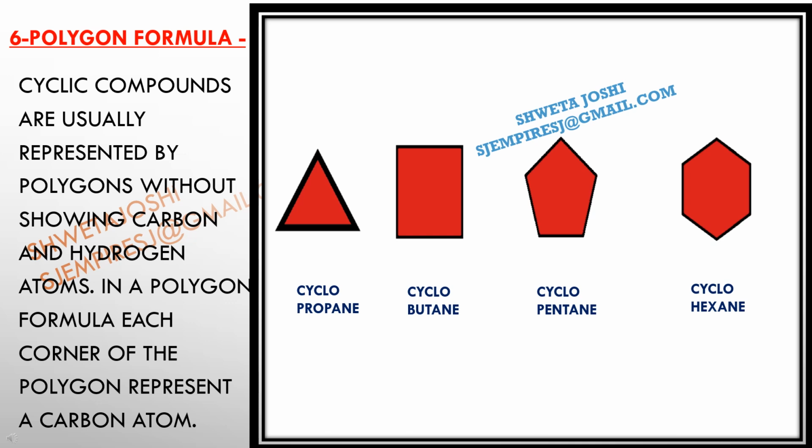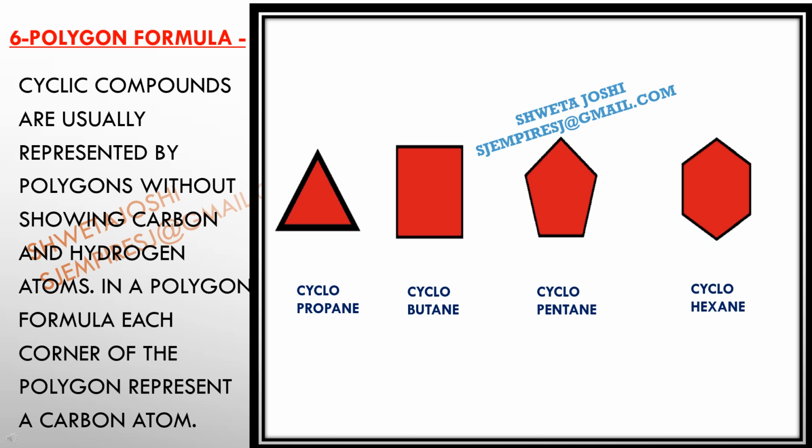It means it contains 3 carbon atoms. Since the compound is cyclic in nature, we are going to start the name with cyclo. Because of the presence of 3 carbon atoms, we are going to write down prop. And since only a single bond is present between carbon atoms, we are going to write down ane. So it will be cyclopropane.